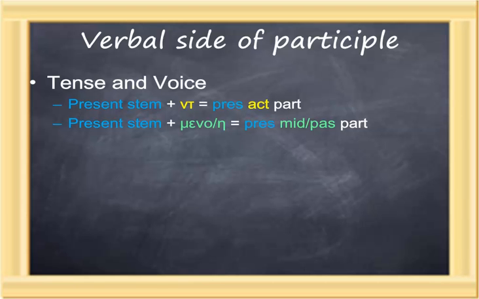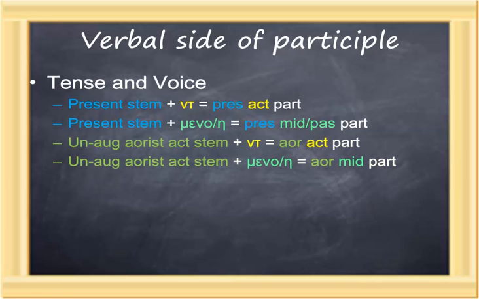The middle passive is by the participle morpheme, mena or mene, thus the green. In the aorist active participle, it's an unaugmented aorist active stem that's used, and the nu tau says this is a participle and it's active. In the aorist middle participle, again, an unaugmented aorist active stem is used, but the participle morpheme mena mene indicates this form is a participle, but it's middle.